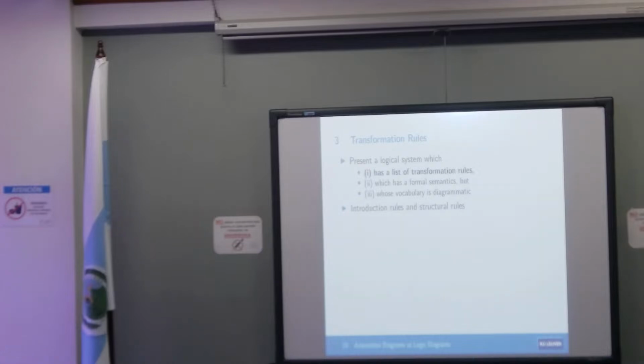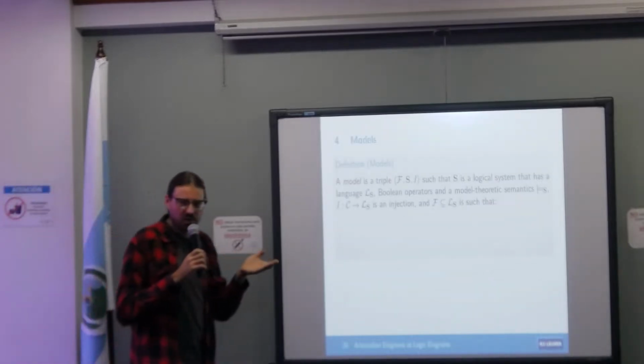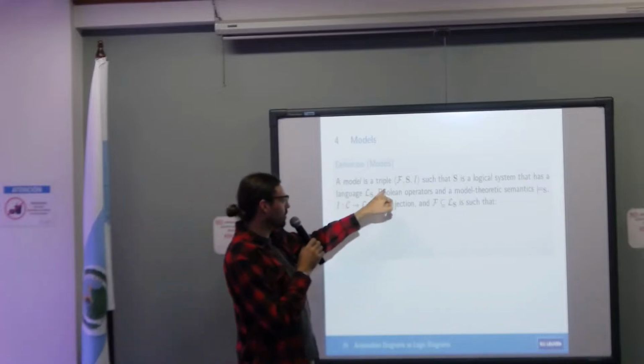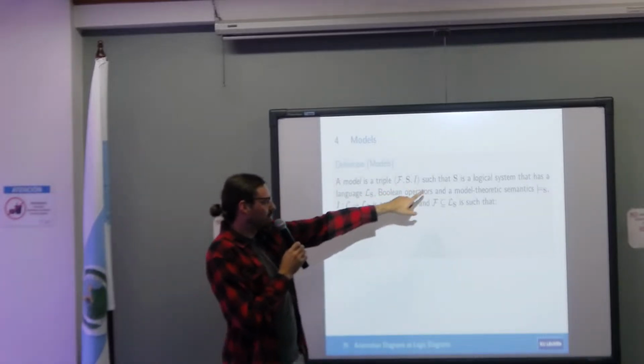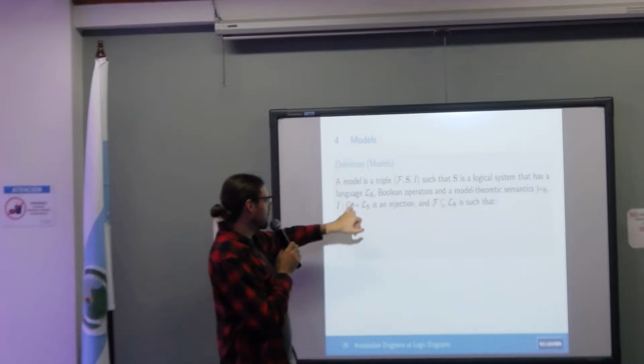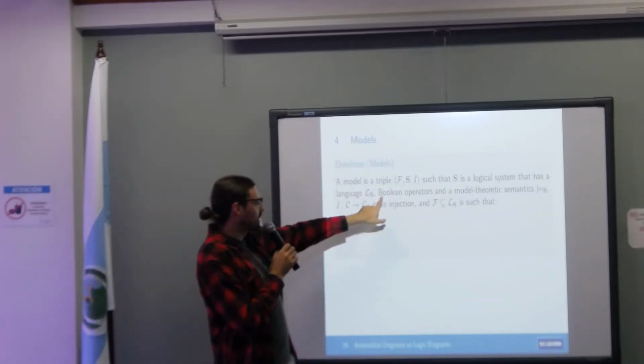If there are no questions there, then I'll go to the third component, namely the semantics. So I have to define a model. What's a model? Well, a model for this logic is a triple consisting of an F, S, and an I, where S is a logical system that has a language which I will call LFS.